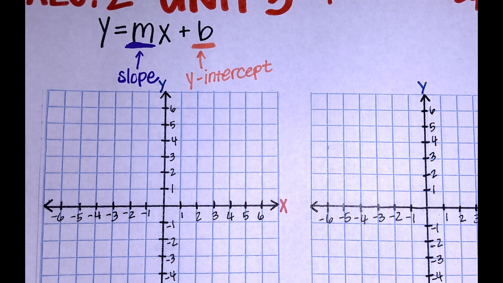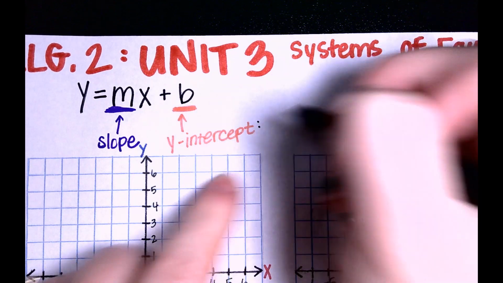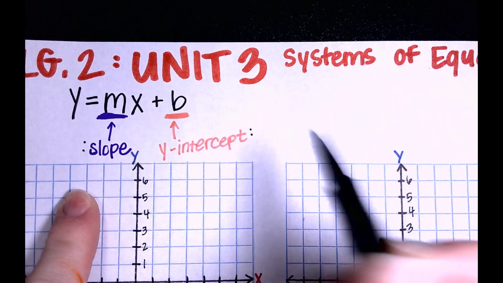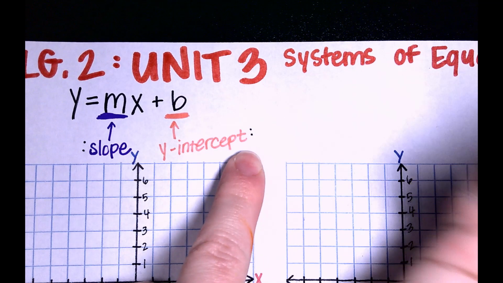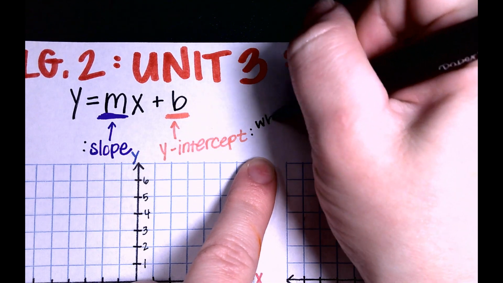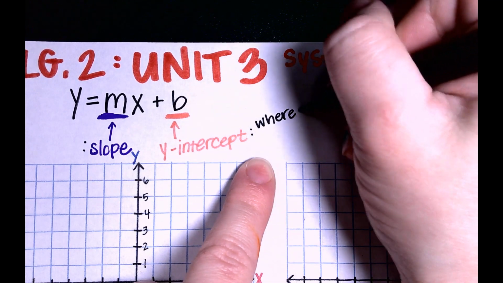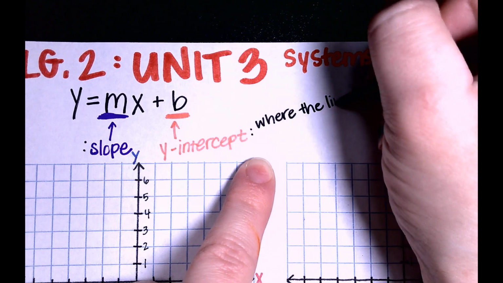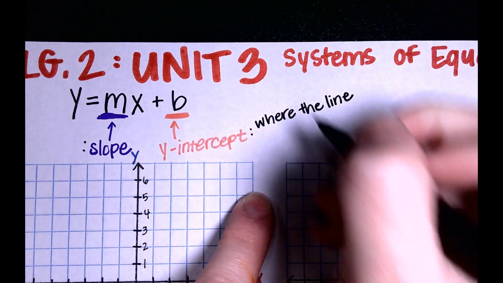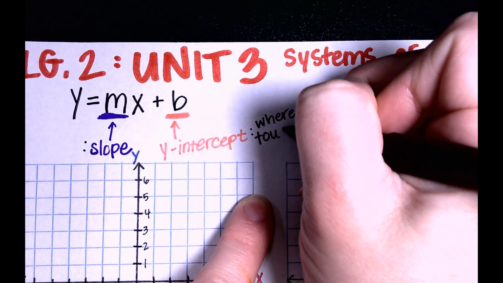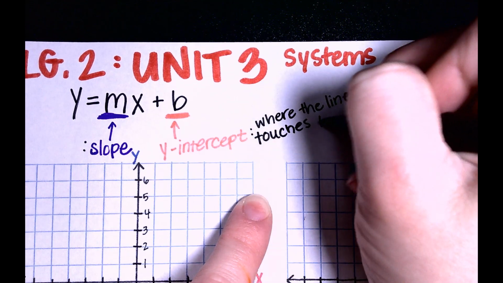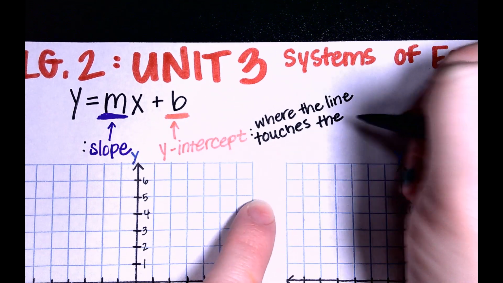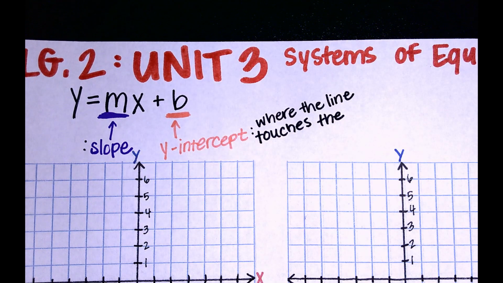I'm going to write that down as a little definition just so that we can remember what each of these things mean. So the y-intercept is where the line touches the y-axis. I'm going to write y in blue here.